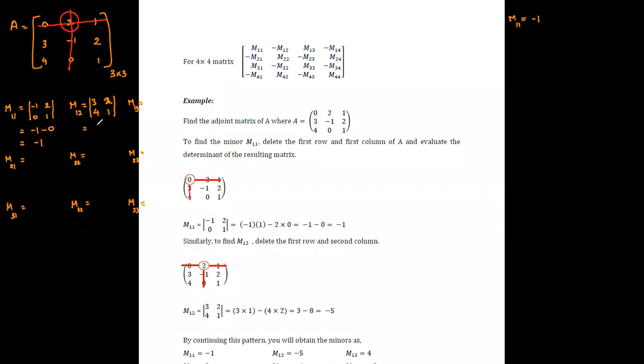Once you take the difference of the product of diagonal elements, this will be equal to 3 times 1 minus 4 times 2, which is 8. Then this value will be equal to -5. If I take this value here, then M12 equals -5. Similarly, if I repeat the same procedure for the next one, it is for M13.